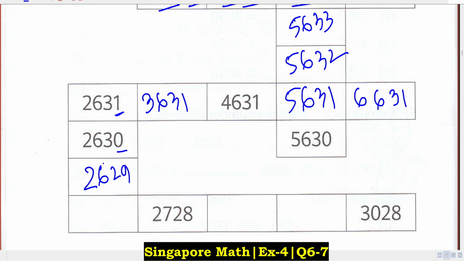So we can write 2631, 2630, 2629, and then 2628.